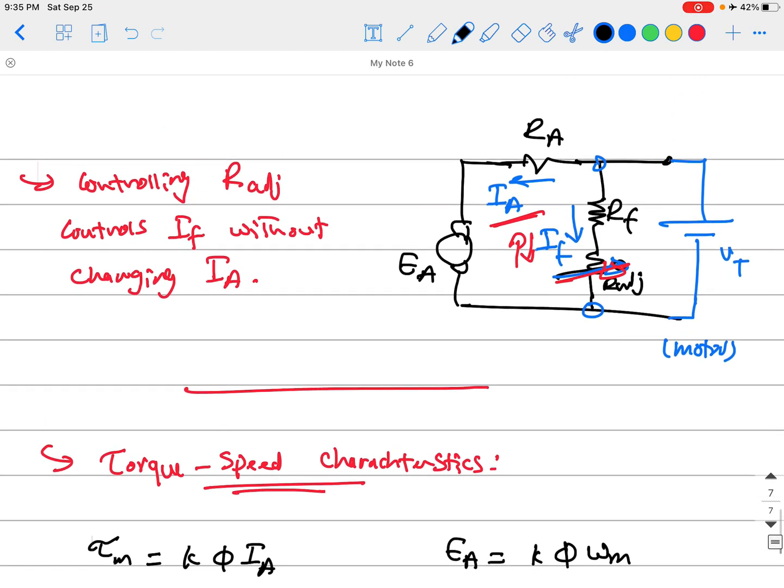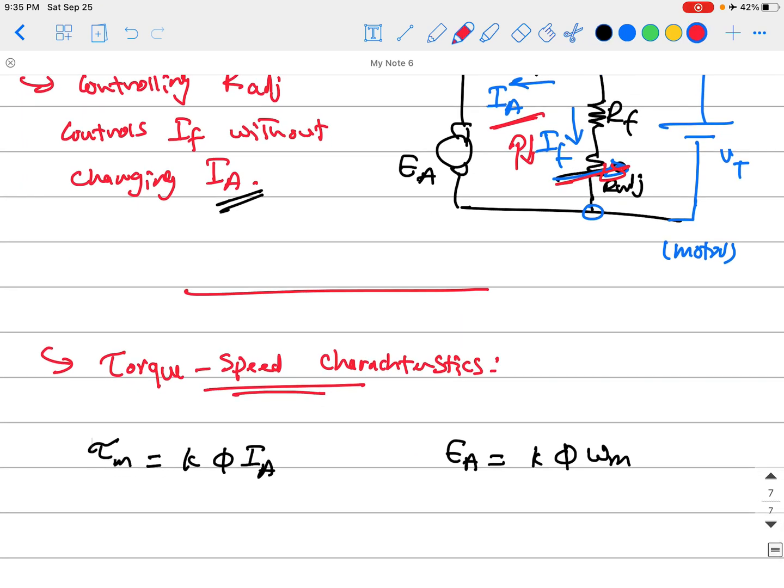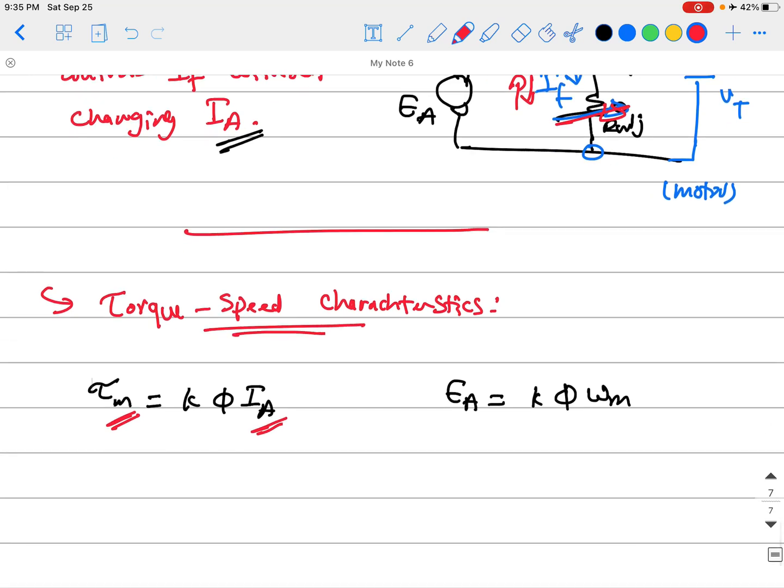And that's why, remember, when I tried to play with R adjustable to control IF without playing with I armature. Why don't we like to play with I armature like this? Because I armature directly controls the torque of the machine. So we don't like to play with the armature current because it will change the torque of the machine. The torque needs to be adjusted to the load torque you're trying to drive, because you're talking about a motor here.